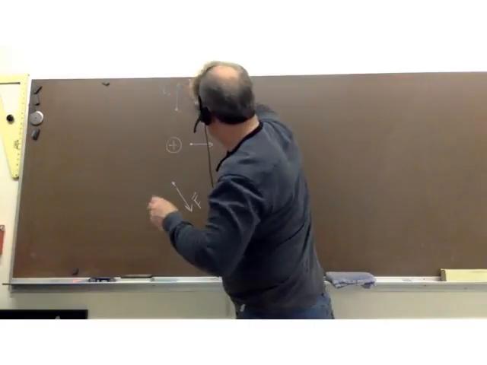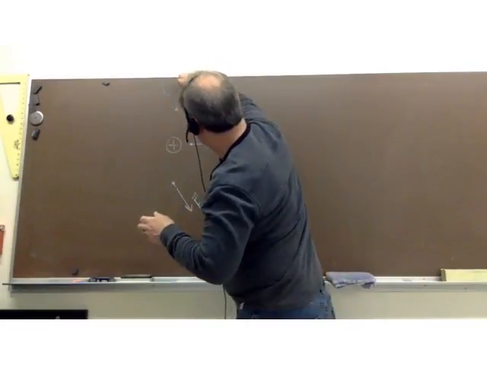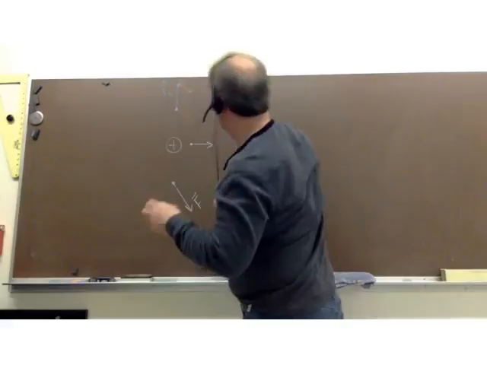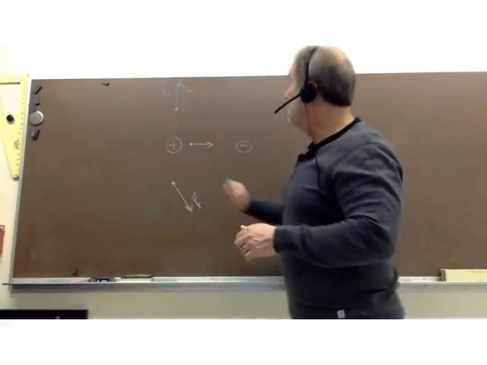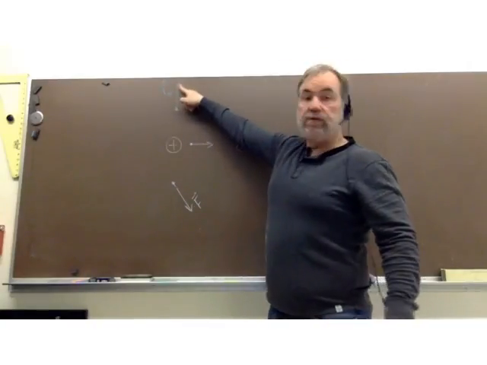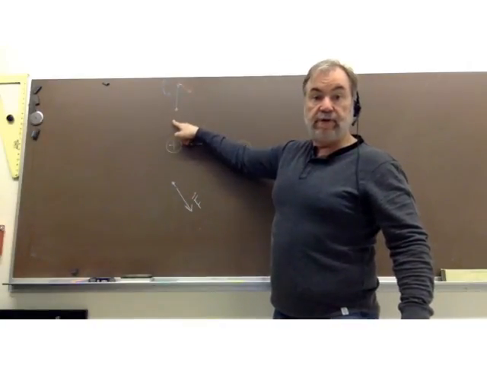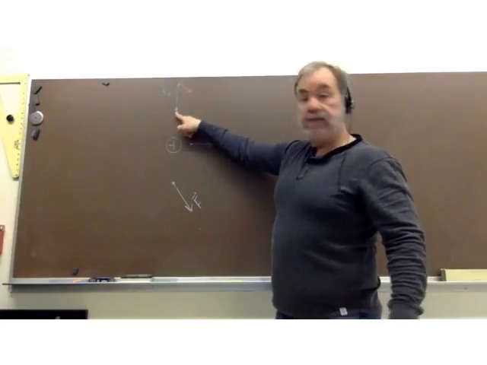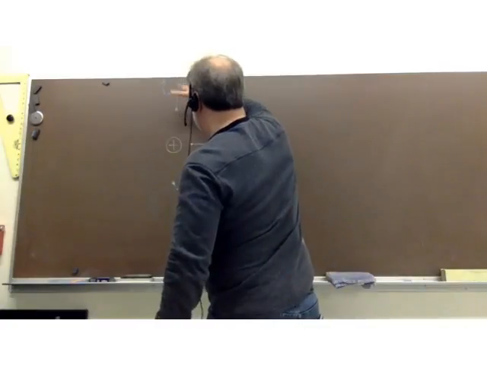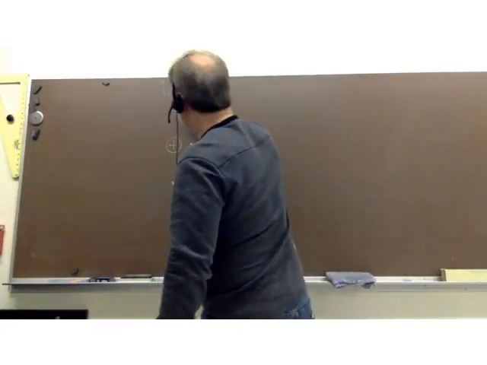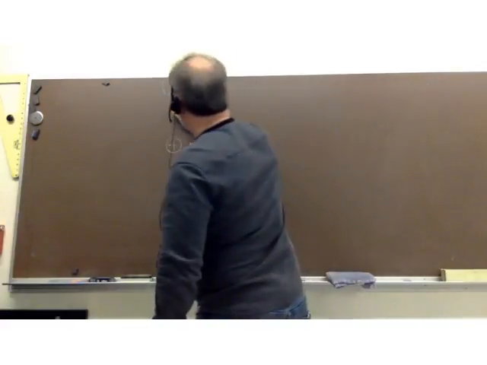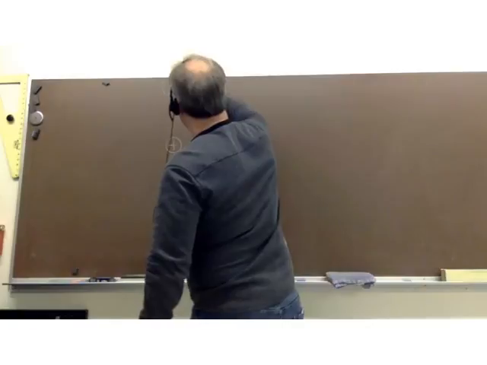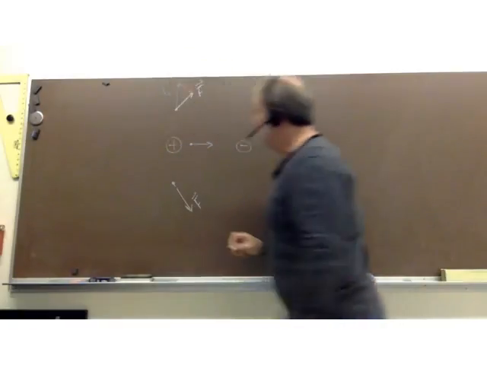I need to keep it pointing the same direction, because I'm not evaluating the vector field at this location, I'm evaluating the force vector at this position. And then you draw the resultant vector going from the tail of the first vector to the head of the second vector. And that's the net force there.